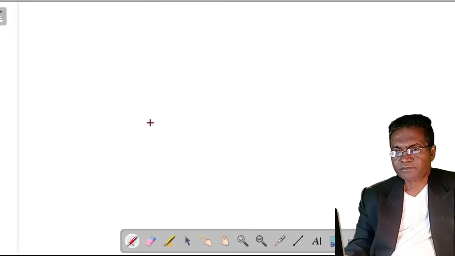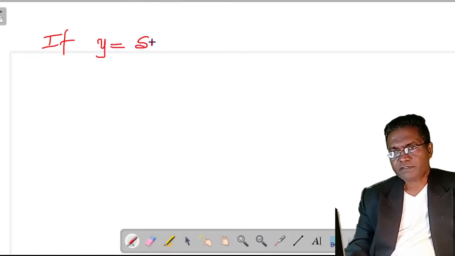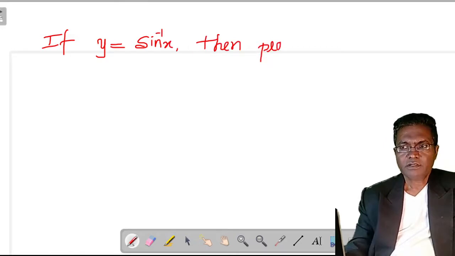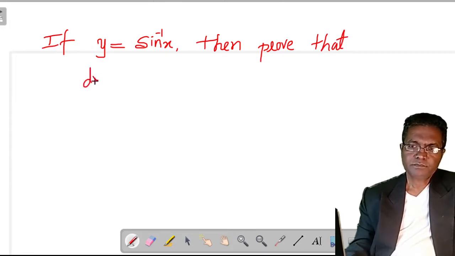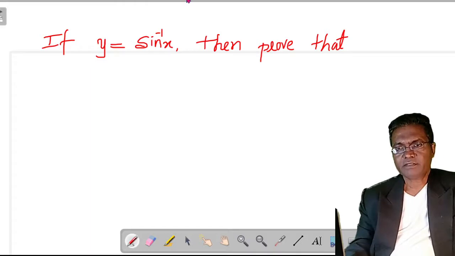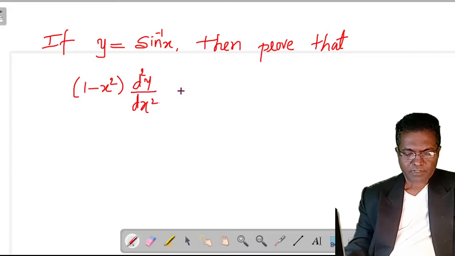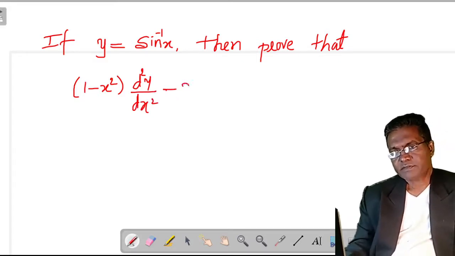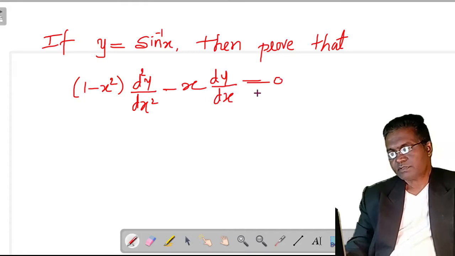Let's have one more example. If y is equal to sine inverse x, then prove that 1 minus x square into d square y by dx square minus x dy by dx equals to 0.